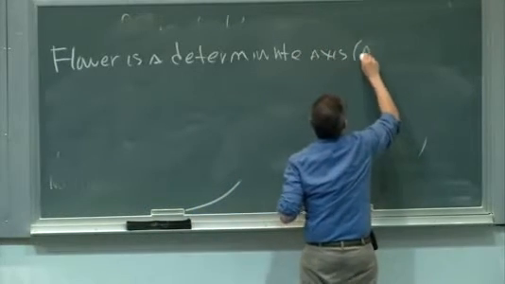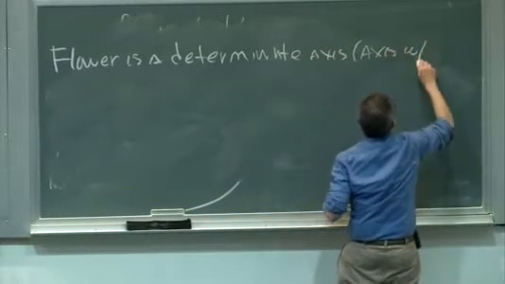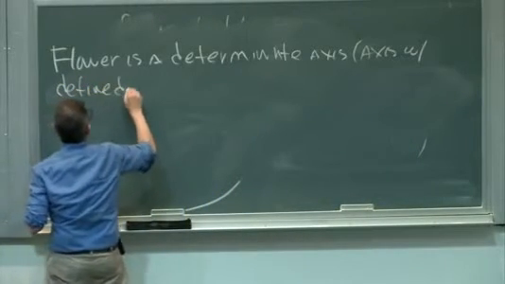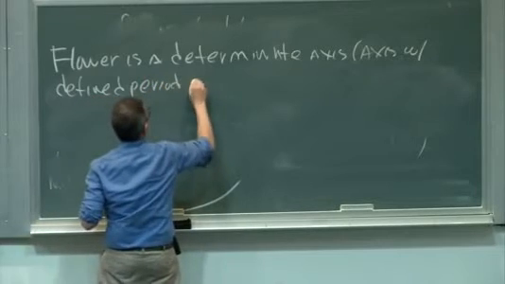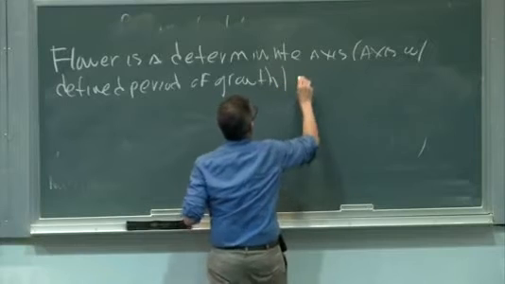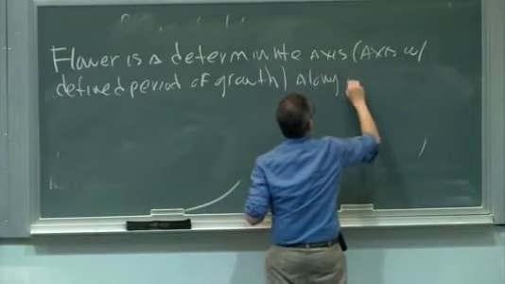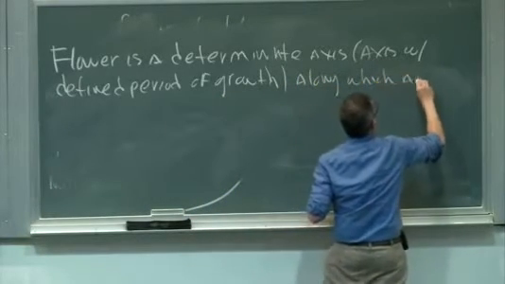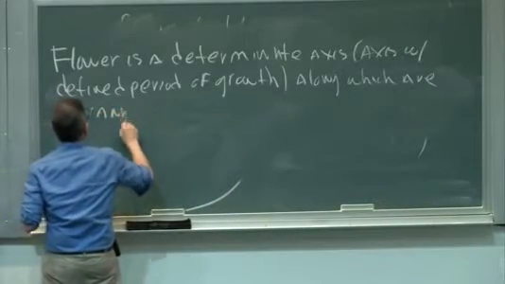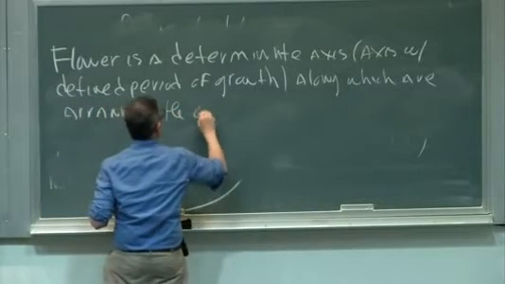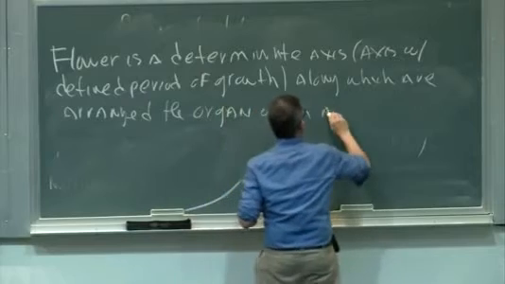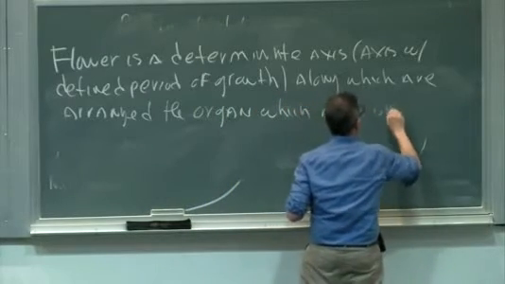That is an axis with defined period of growth, along which are arranged the organs which make up the flower.